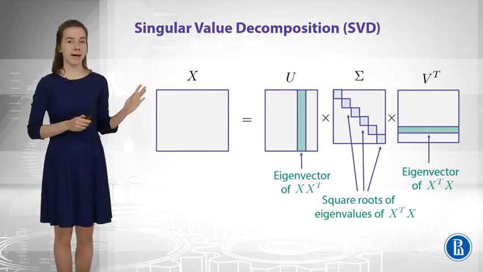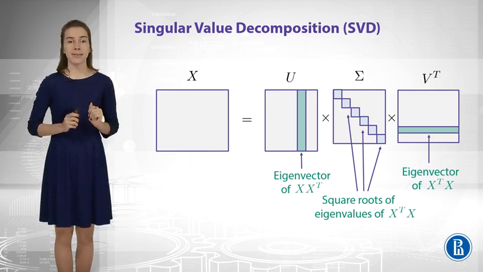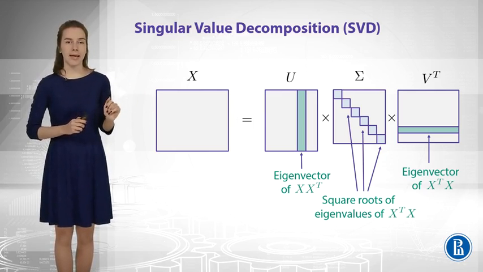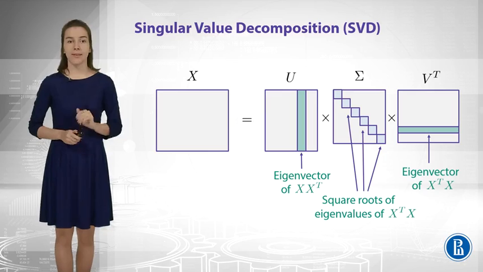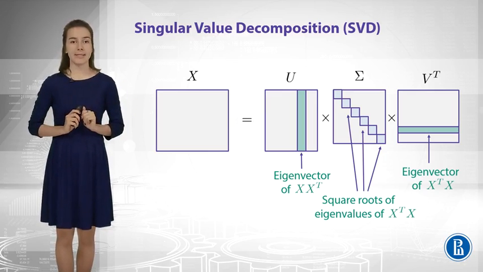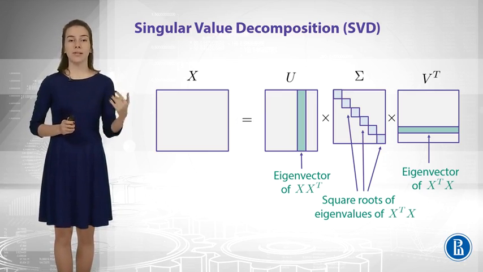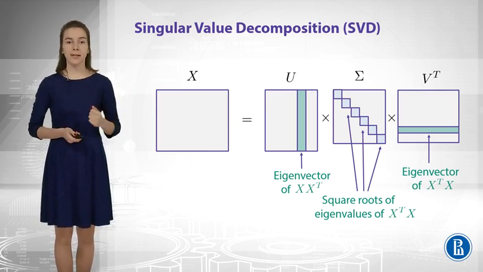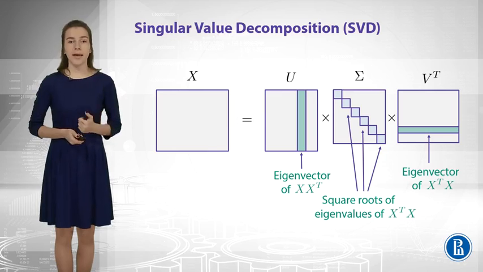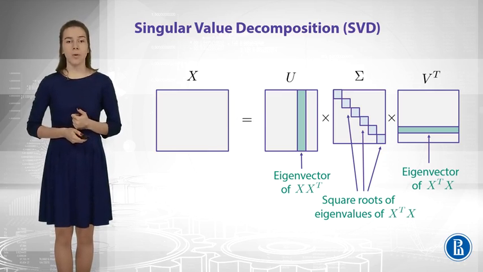So this is just a fact from linear algebra that says that every matrix can be factorized into those three matrices. The left and the right matrices will contain so-called left and right eigenvectors. And the matrix in the middle will be diagonal, and the values on the diagonal will be related to eigenvalues.